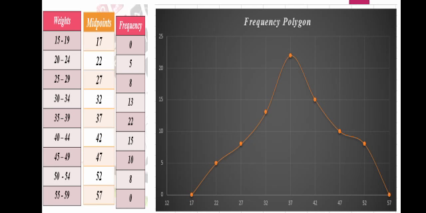Then 22 and 5: place that point where these two values intersect. Now 27 and 8 intersect at this point; the 8 point lies between 5 and 10. Then 32 and 13; 13 lies between 10 and 15, and you have to plot the point where these two values intersect.